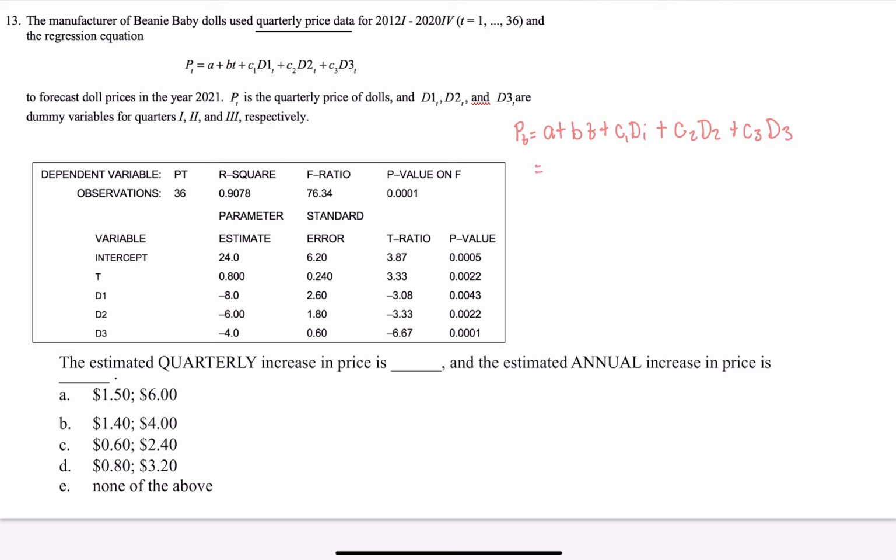It's going to be 24 plus 0.800 T, minus 8 D1, minus 6 D2, minus 4 D3.